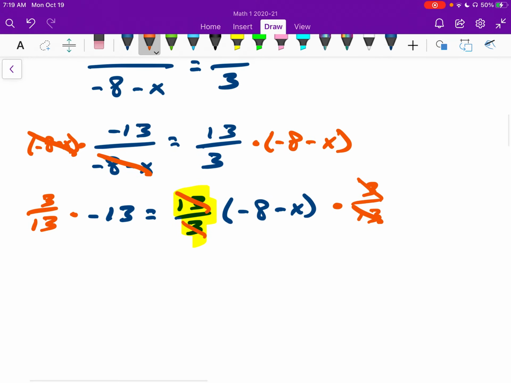Now on the left, it actually works out really nicely. Our 13 and our 13 cancel. So we're left with a negative 3, because you can't lose this negative right there, equals, and then on the right we have negative 8 minus x.